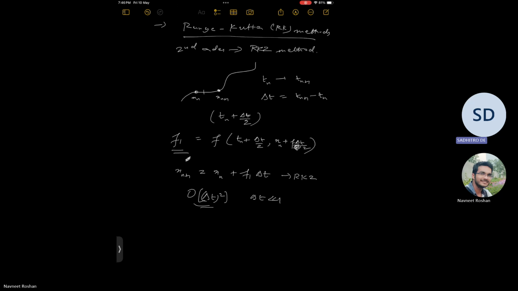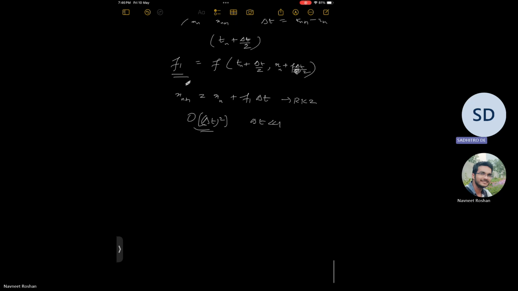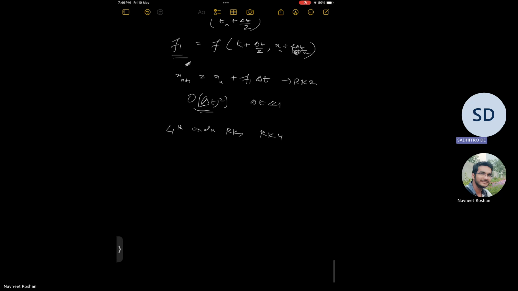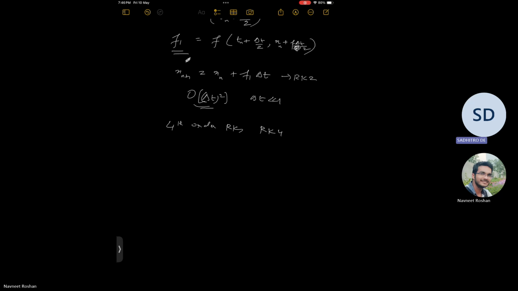Otherwise, there might be external artifacts in the solution which might cause them to blow up or make the system deviate from what it's supposed to do. So we generally use the fourth order RK method, which is also known as the RK4 method.